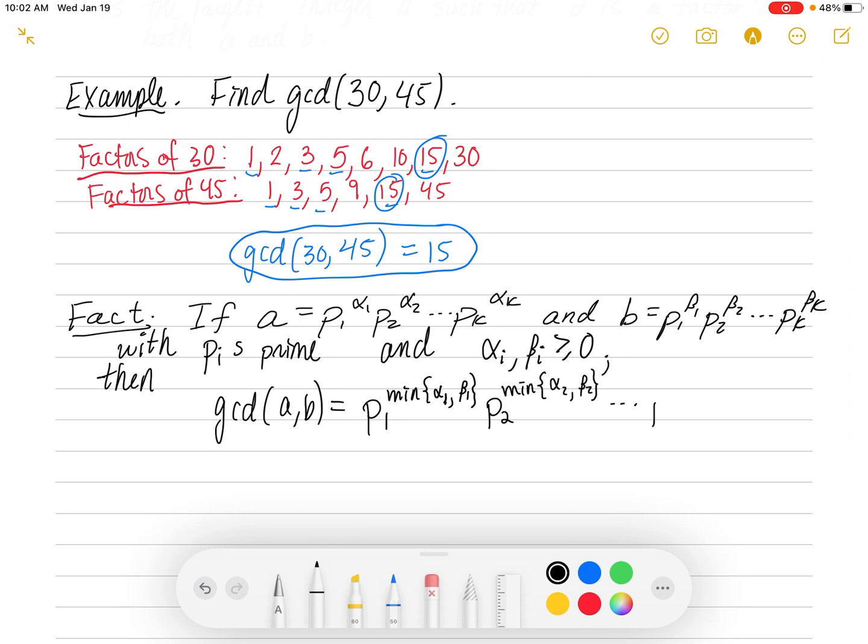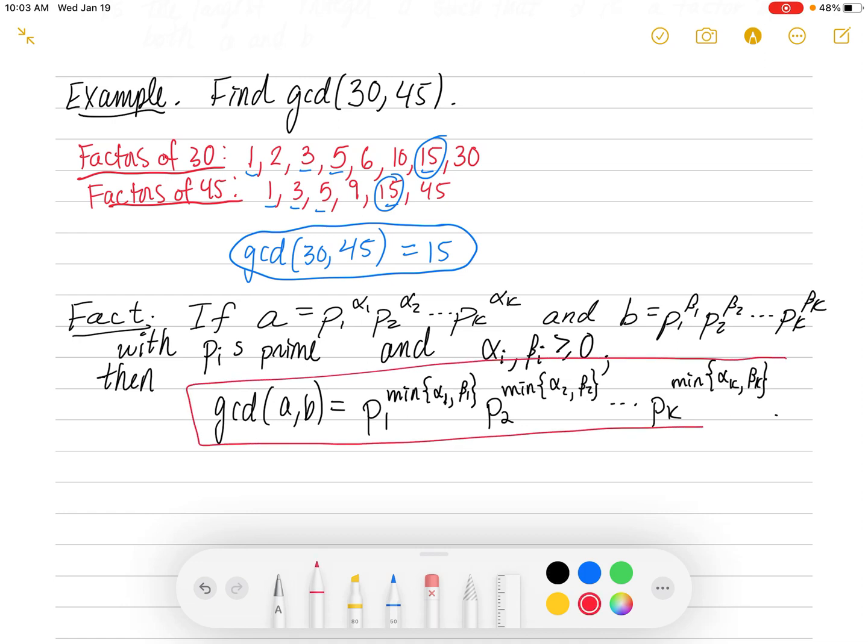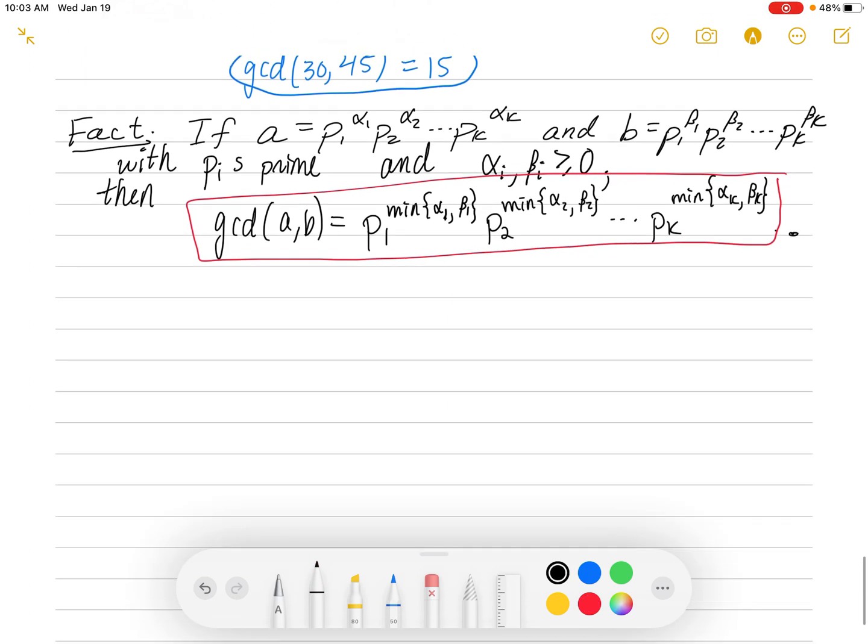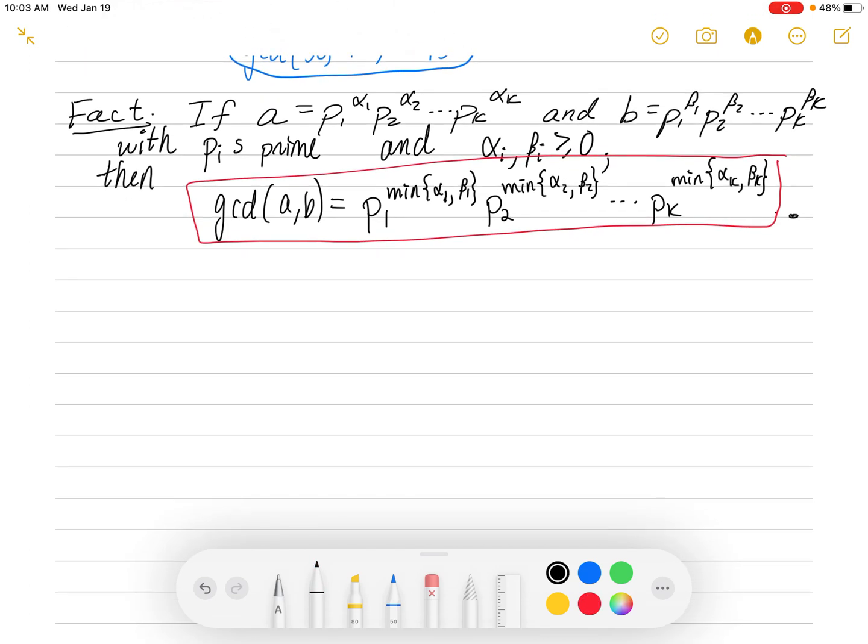And you continue this procedure. For the last common prime, pk, you write that down and you look at the minimum of the exponents alpha k and beta k. That is an efficient way for doing the GCD. But you can only do this when you have a prime power factorization.